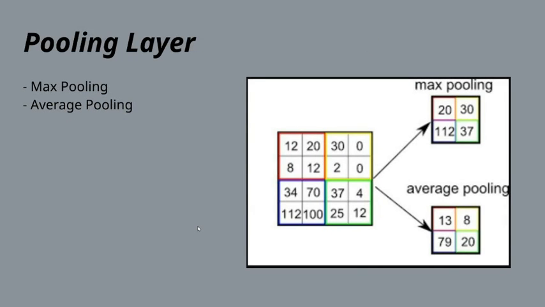The pooling layer is specifically for reducing the width and height of our matrices. Generally we use either max pooling or average pooling.